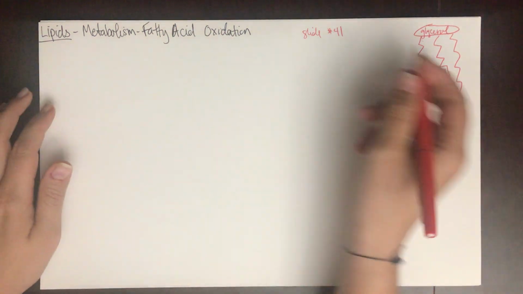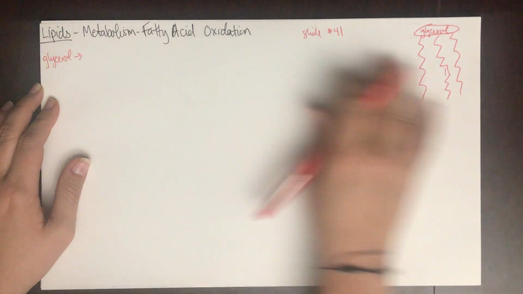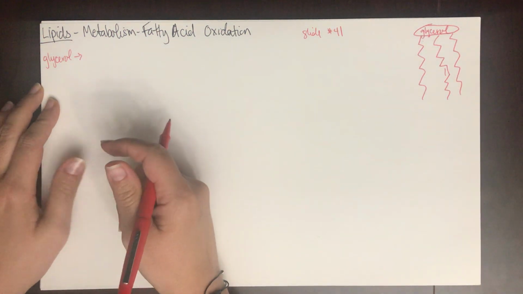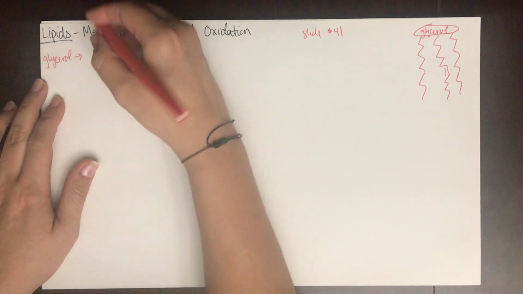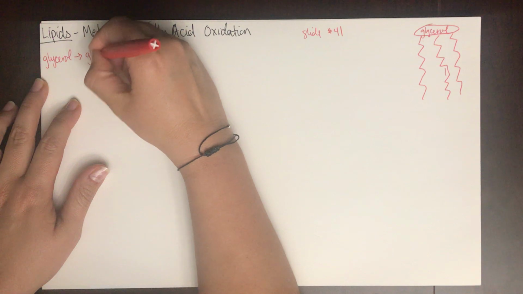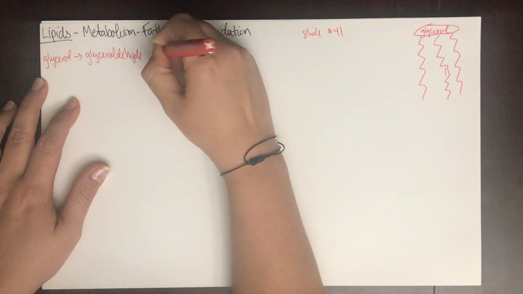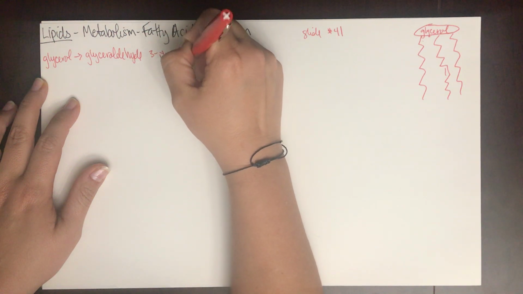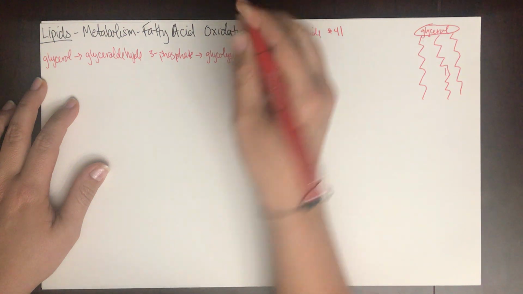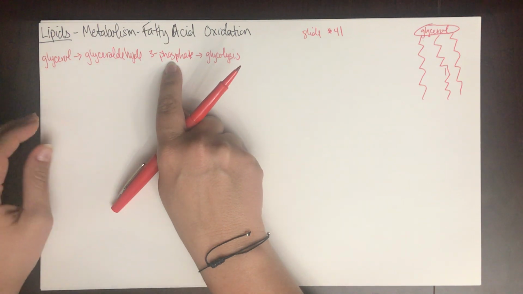So the glycerol molecule, once these bonds are broken and these fatty acid chains are cleaved off of this glycerol molecule, glycerol is going to get converted into glyceraldehyde 3-phosphate. And from there, it's going to get fed through the rest of glycolysis. Remember, glyceraldehyde 3-phosphate is one of the intermediates for glycolysis.